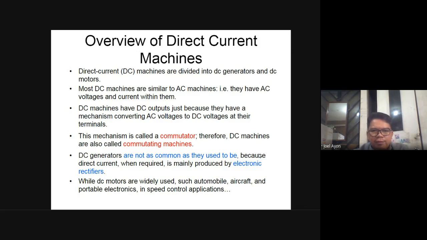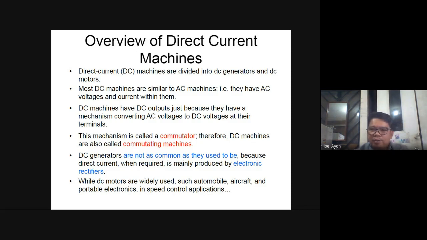So again, we know already the difference between AC and DC with regard to the supply. Again, the basic difference is that you cannot use an AC supply on DC machines, DC motors or DC generators. But the generator, of course, you do not supply it, class, I just want to clarify.